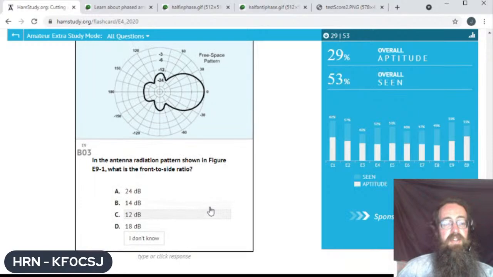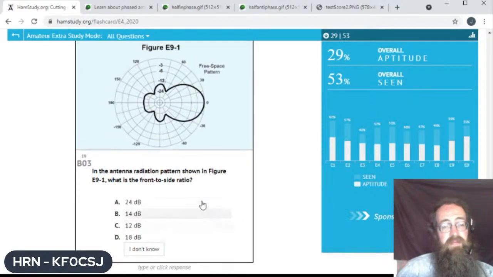In the antenna radiation pattern shown in figure E9-1, what is the front to side ratio? A, 24 dB, B, 14 dB, C, 12 dB, D, 18 dB. So forward is in reference to about 25 degrees.